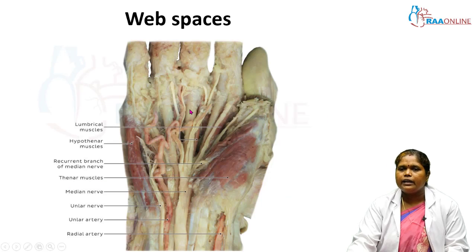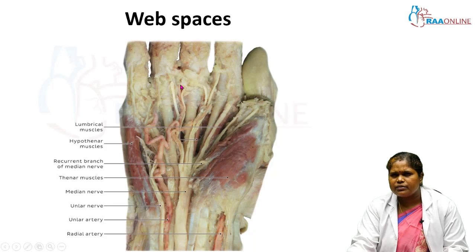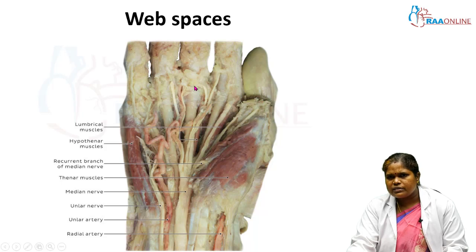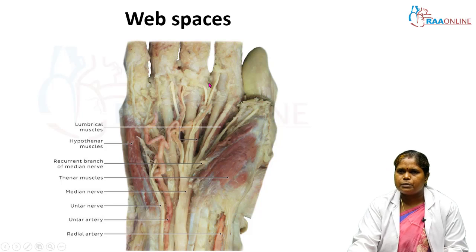Here again you can see the thumb, index, middle, ring and little finger. Between these we see the interdigital cleft, that is the web space. This web space will contain loose connective tissue, fibrofatty tissue, this yellow structure which is the digital nerve, and the digital artery. You can also see the lumbrical muscle and tendon as content of this web space.